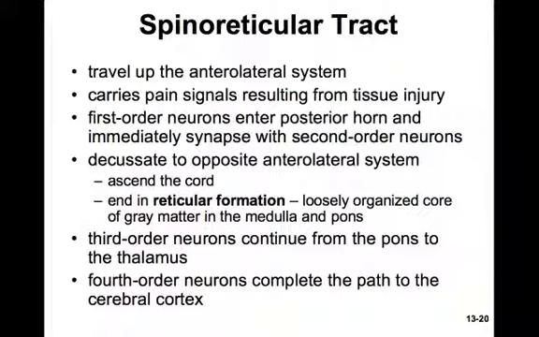The third-order neurons then go from the pons to the thalamus, and then there's a fourth-order neuron that completes the path to the cerebral cortex. So the reticular tract is slightly different. We'll spend more time on that in a future chapter.